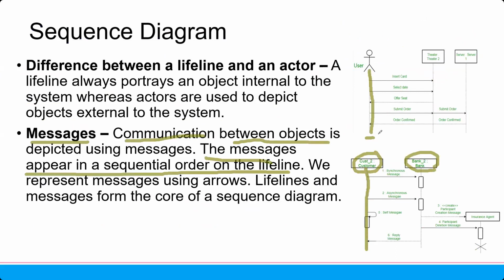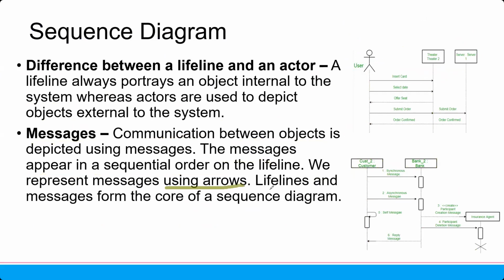The lifeline indicates that the process will start from here and end by here. If you look at these messages, we can have the messages with arrows. Lifeline and messages form the core of the sequence diagram.